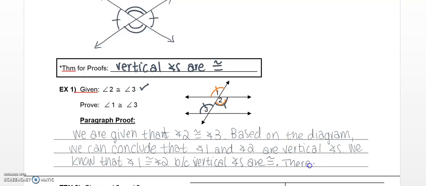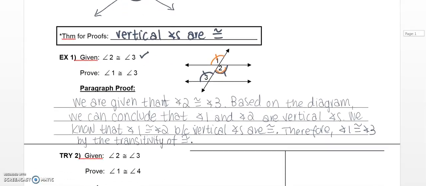Therefore, using the extra line, angle 1 is congruent to angle 3 by the transitivity of congruence. That's our paragraph proof. Cool.